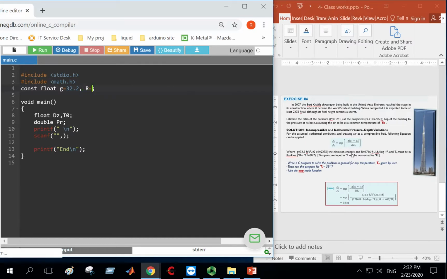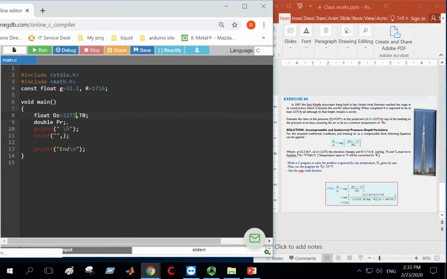R equals 1716 in these units. We also need to define the difference, so let me go back to float here, dz equals 2275, because we know the value. We can declare it as a constant, but no need, because the difference in height is not actually constant. Anyway, we declared the Z difference and the R.